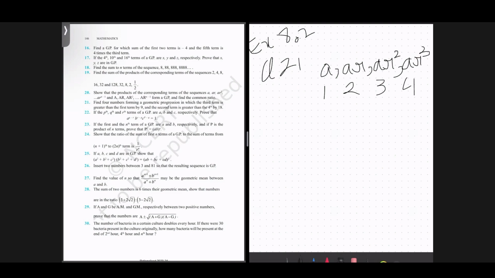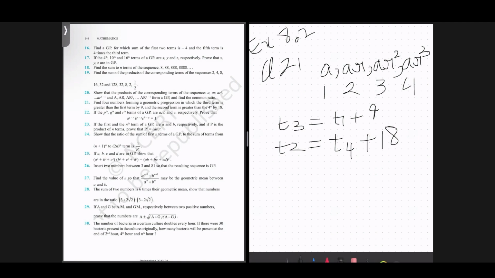Let us form the equations that have been given to us in the question. We have been told that the third term is greater than the first term by 9, so T3 is equal to T1 plus 9. And the second equation is that the second term is greater than the fourth term by 18.